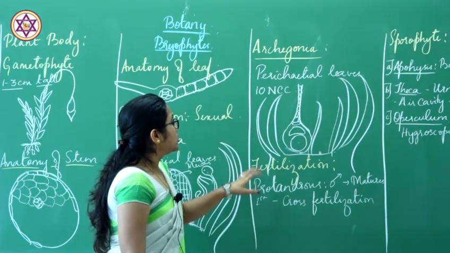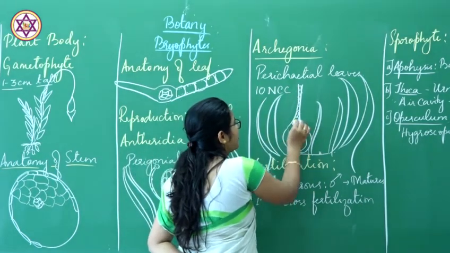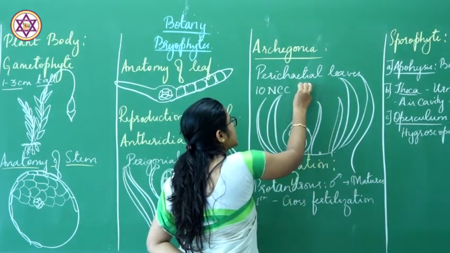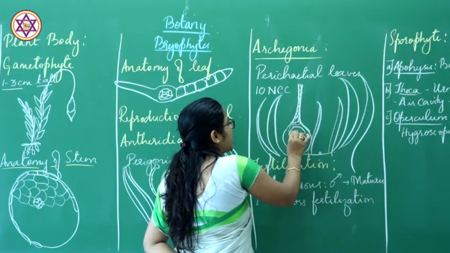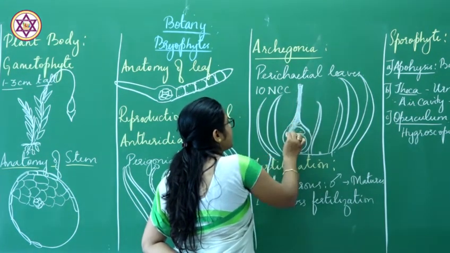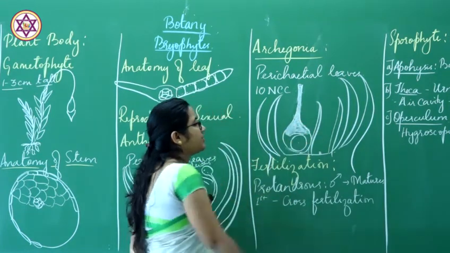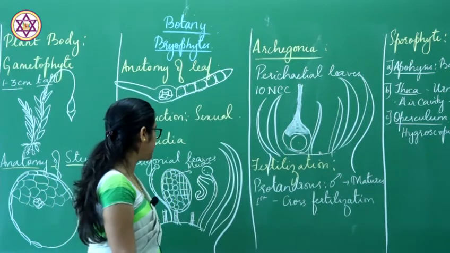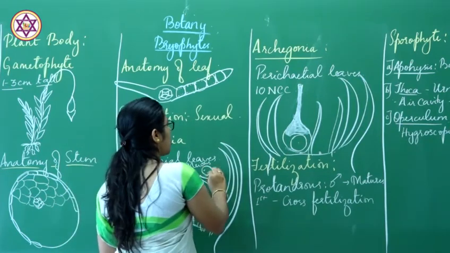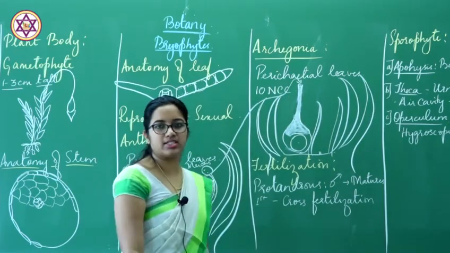Now, what happens is, as in all the bryophytes, these cells start to disintegrate. So they disintegrate themselves, and there is a sweet liquid which is produced, and these antherozoids swim and reach the archegonial tip.